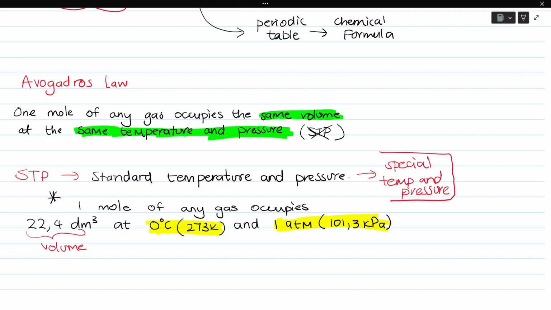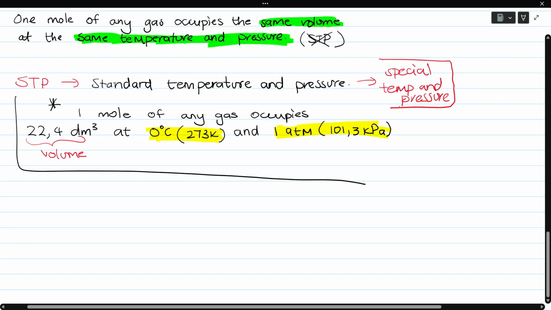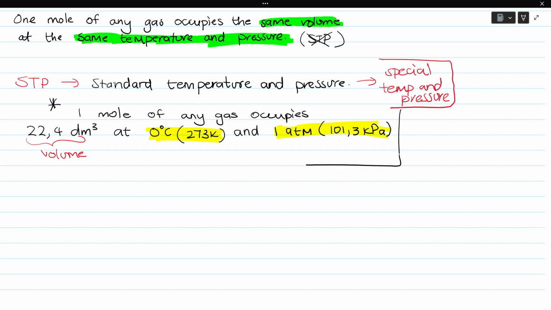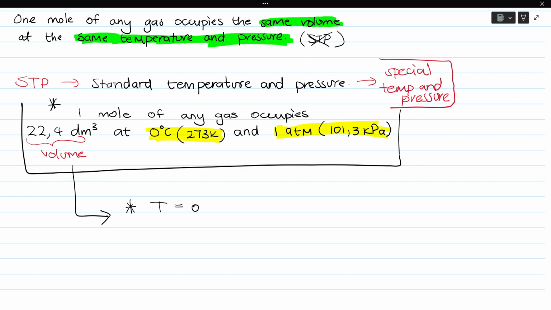So let's just rewrite this in a way that we can understand. What this law is telling us is that if you have a temperature of 0 degrees Celsius or 273 Kelvin and a pressure of 1 atmospheric pressure or 101.3 kilopascals, notice this is standard temperature and pressure. This is what STP means.